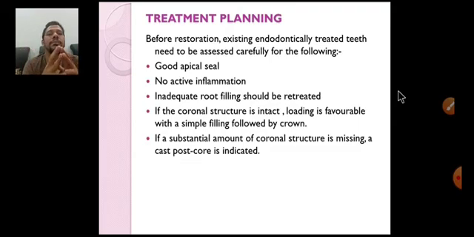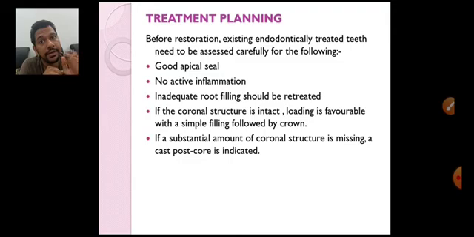Now, how will you plan this kind of treatment? When the patient comes to you, you should ask the patient to get a recent IOPA, or you should take a recent IOPA of that particular patient in your clinic, and you should see the obturation, how good the obturation is. Is there any periapical pathology?